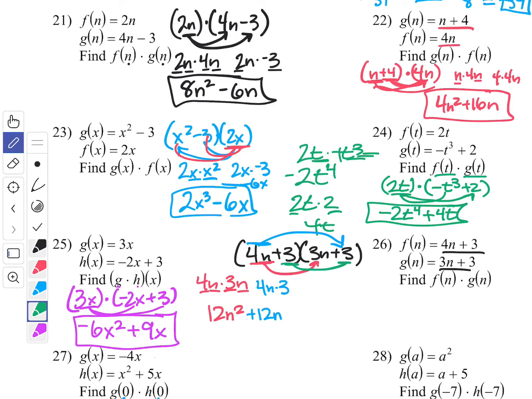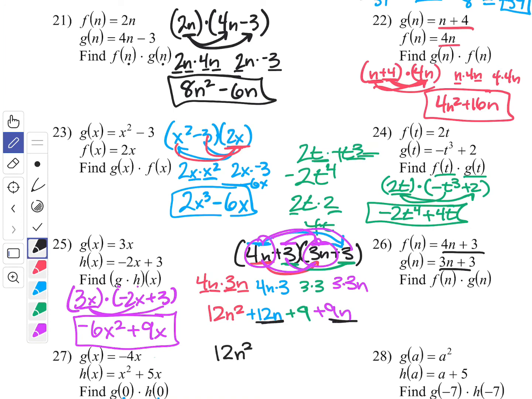Then 3 times 3. 3 times 3 is 9, so positive 9. And finally, 3 times 3n. So each one of these has multiplied by the other two, haven't they? And that would be a positive 9n. Then we combine like terms, 12n and 9n. So we get 12n squared plus 21n plus 9, and that is our end result.